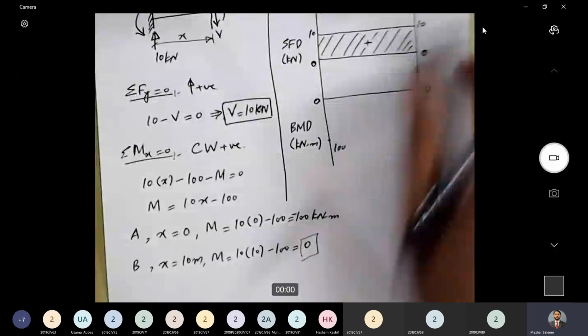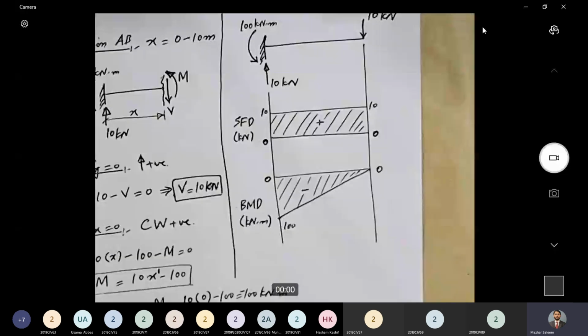So this should be a straight line. So we'll join these 2 points with a straight line. And the entire moment diagram is negative in this case. Here we are. This is bending moment diagram for this beam. This beam had only one portion, so portion AB or the entire beam are the same.